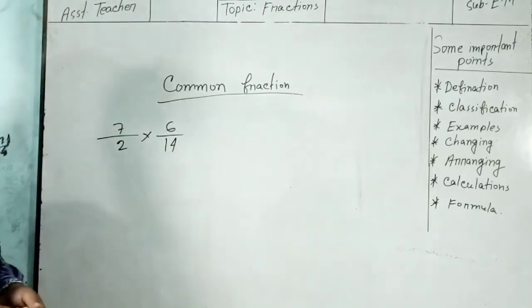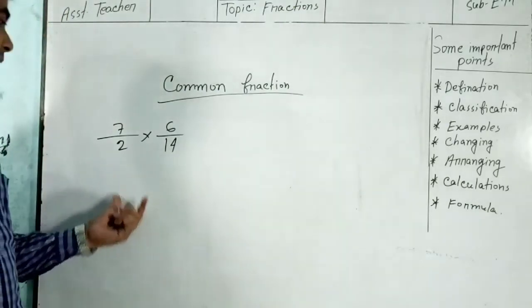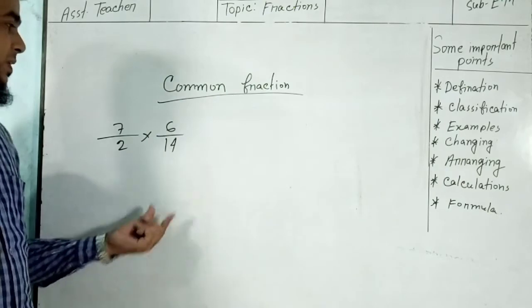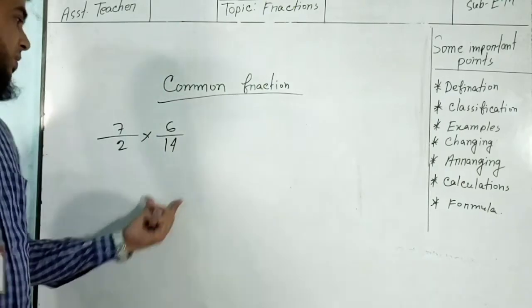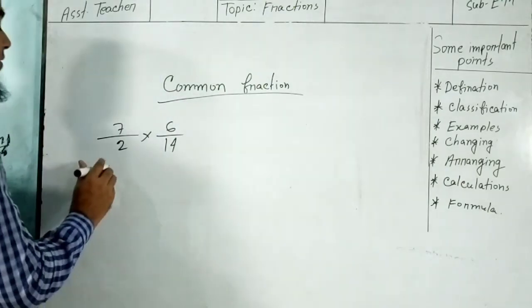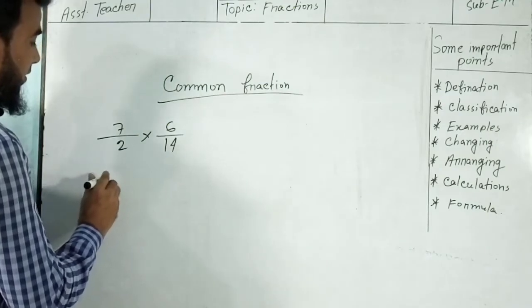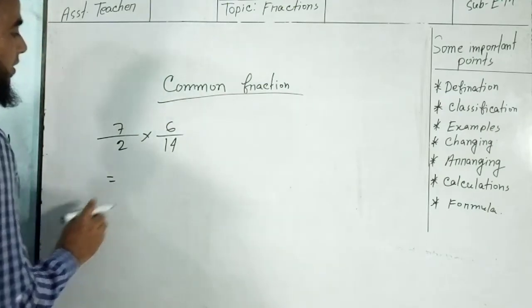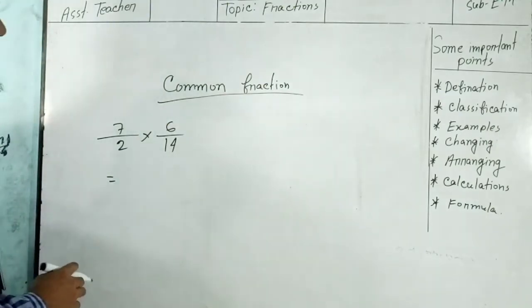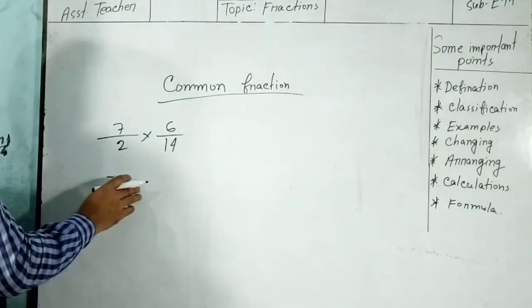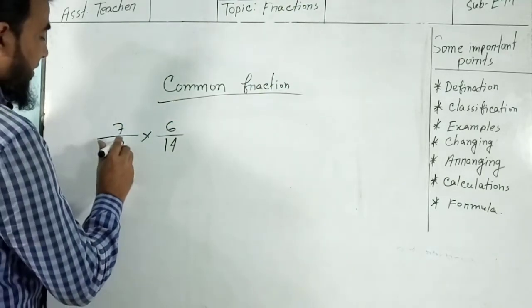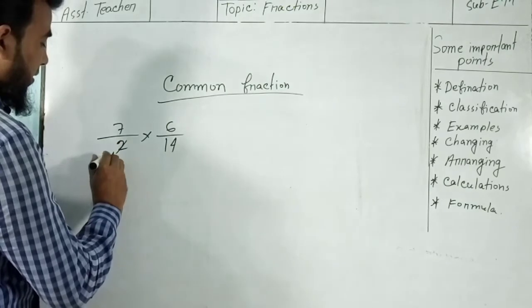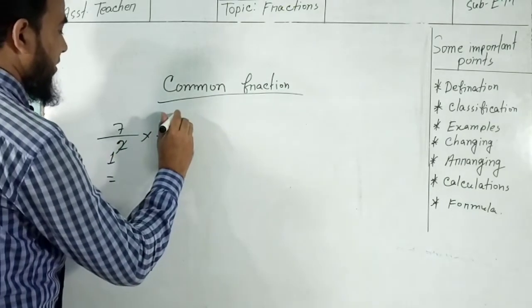Now look here, there are two fractions. This is an improper fraction and this is a proper fraction. If you find out the calculation of these fractions, we can do this in two ways. One is we can calculate this separately. If we divide 2 by 2, it will be 1. If we divide 6 by 2, it will be 3.